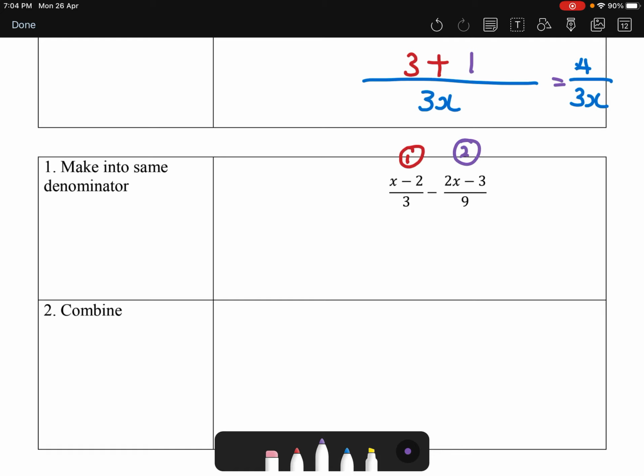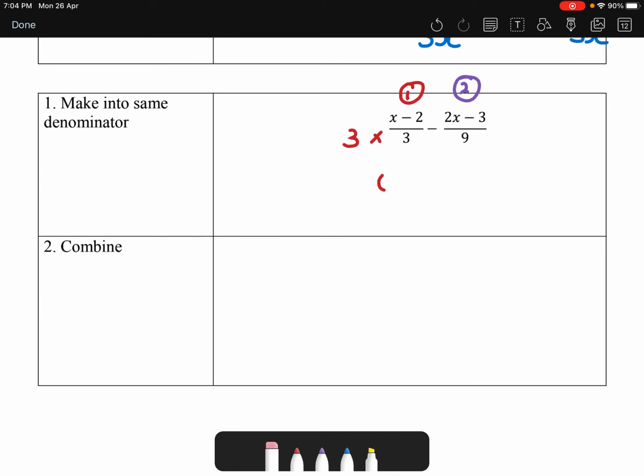So I just manipulate the first term. Because you want to make your bottom from 3 to 9, you need to multiply by 3. Then for the top, of course, you must do likewise, so you also must multiply by 3.